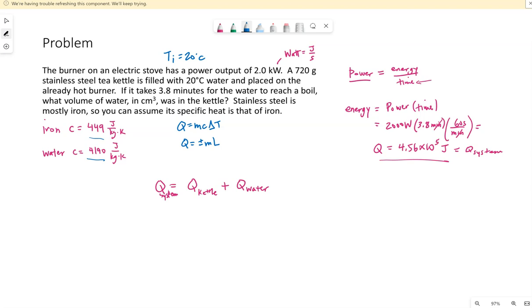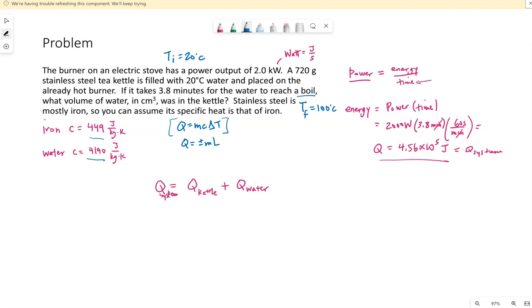So we'll just assume the initial temperature of both iron and the water is 20 degrees Celsius. And we're told the water reaches a boil, which means we get to the boiling temperature of water, which is on the table as well. That's 100 degrees Celsius.